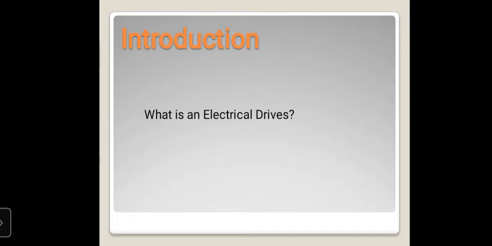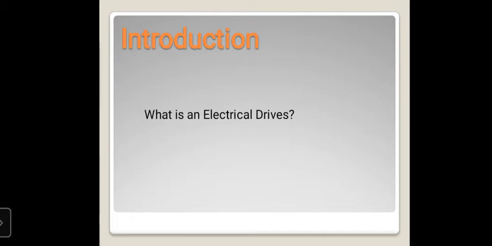The system employed for motion control is called a drive. That means whenever we apply a system to control some motion, that system is called a drive.